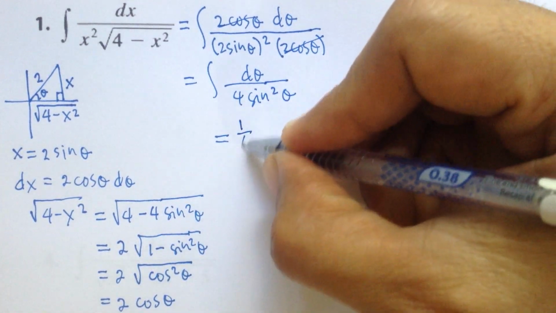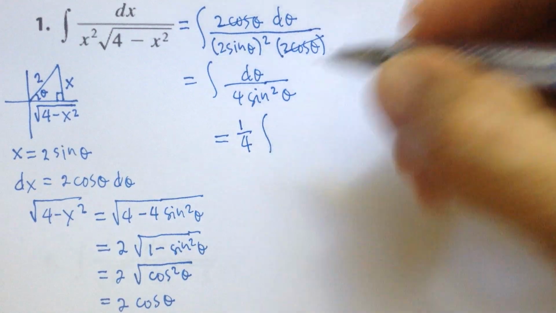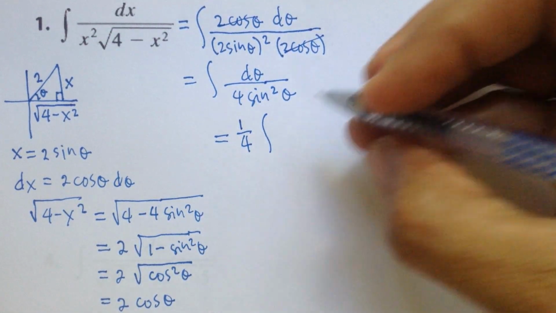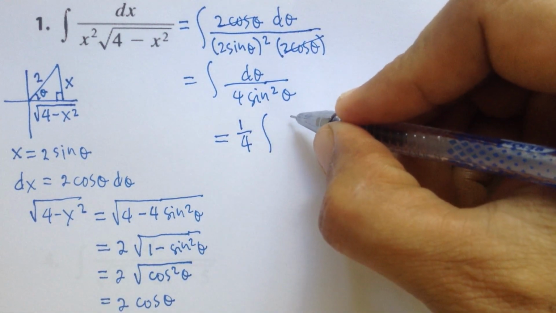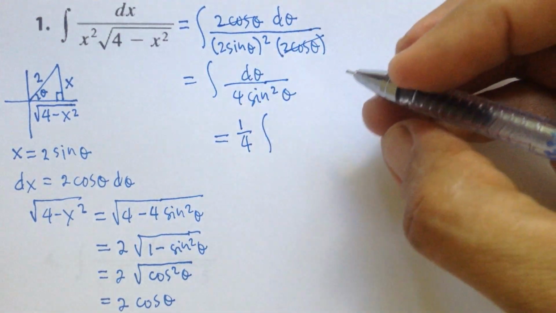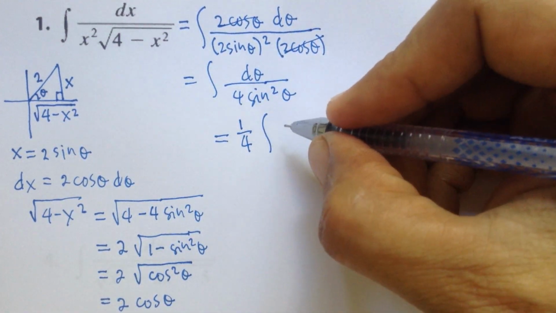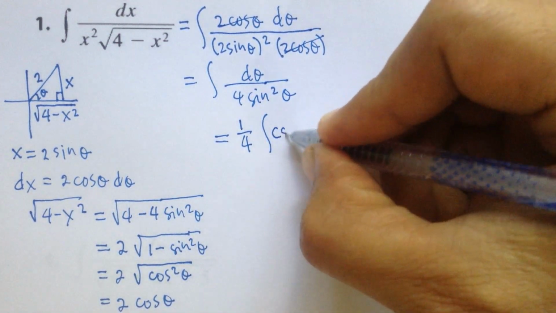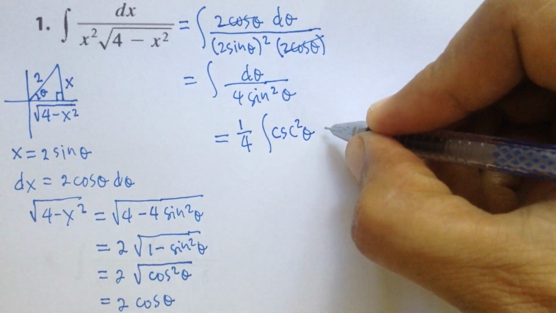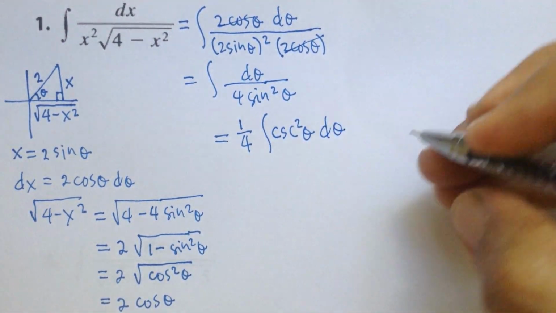Which is equal now to, we can write 1/4 outside. Then you have the integral of, look at this, what is 1 over sine squared theta? 1 over sine squared theta is actually cosecant squared theta, right? d theta.